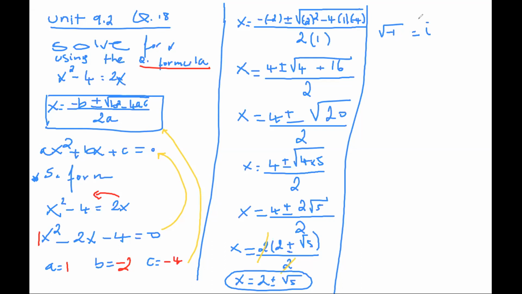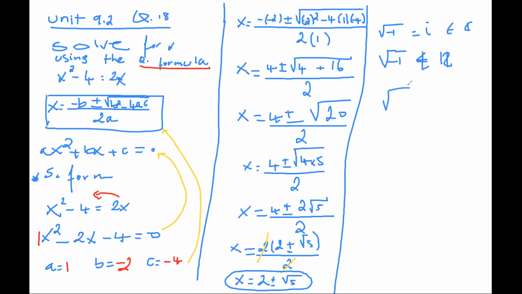But in our class we're only working with real numbers, so this is undefined in R. It's not in the group of real numbers, but it is in the group of complex numbers. Complex numbers are another set of numbers which has all the real numbers in addition to this i that does not exist in the group of real numbers. But don't worry about i for our class. We're only working with real numbers.